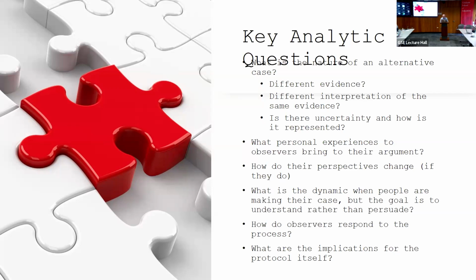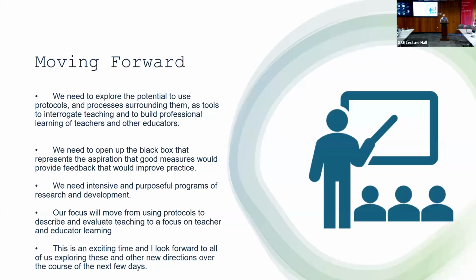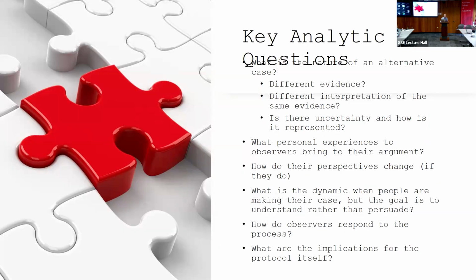Okay, so what we're trying to do here is, we have a set of analytic questions that we're looking at when we analyze these data. One is, what's the nature of an alternative case? Are observers focused on different evidence?